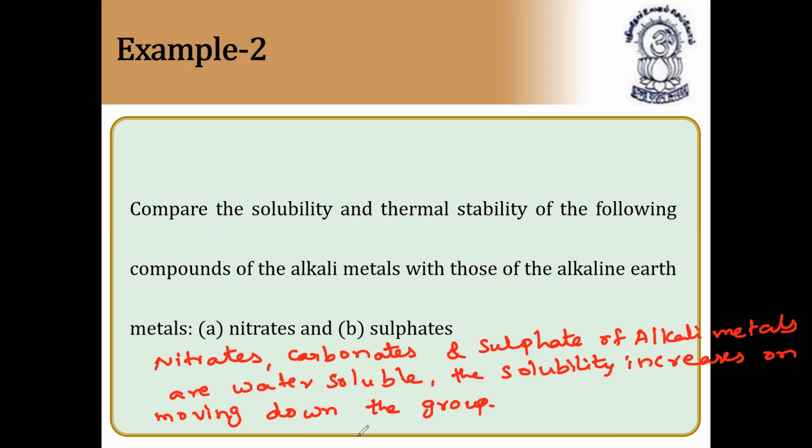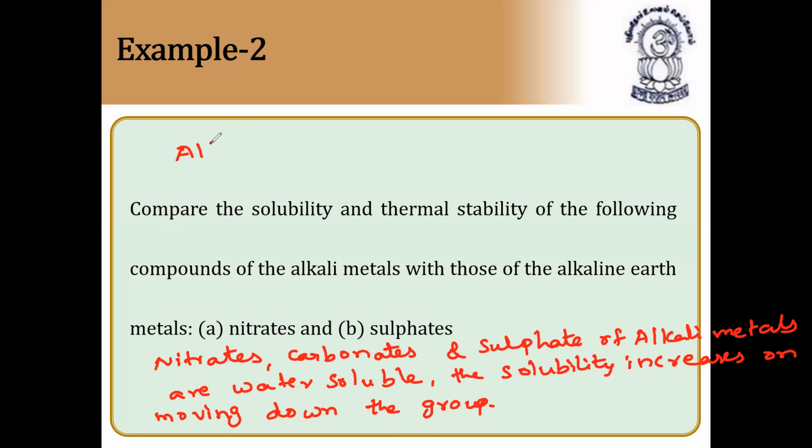Alkaline earth metal nitrates are water soluble. On moving down the group, their solubility decreases. So if you compare the solubility of alkali and alkaline earth metals, alkaline earth metal carbonates and sulfates have lower solubility than alkali metal carbonates.